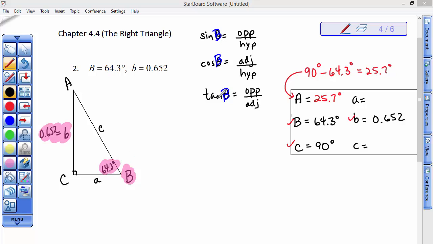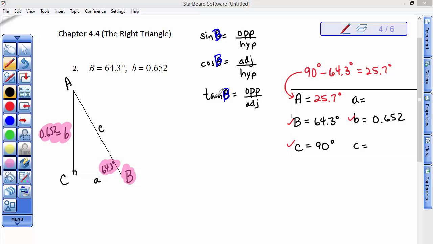Let's go for side A first, and let's see if we're going to use sine, cosine, or tangent. I'm using this angle, I want to find A, and I was given B. For angle B, this is called the side opposite. This is called the side adjacent. For this angle, I'm going to use the side I was given, opposite, and I want to find the adjacent.